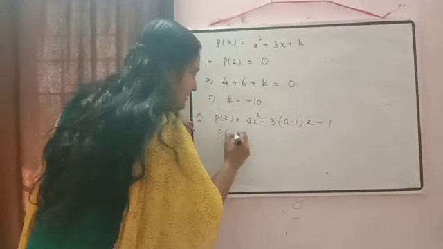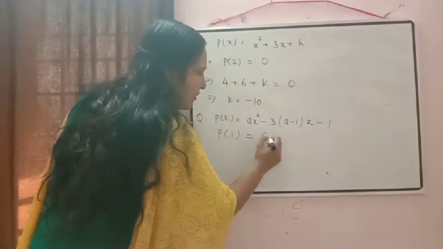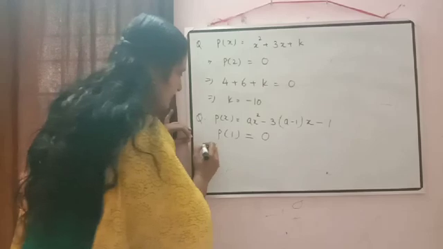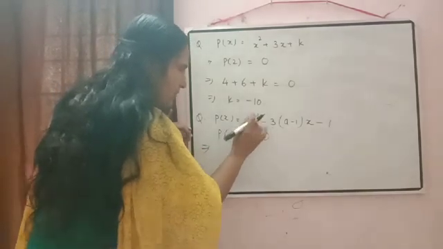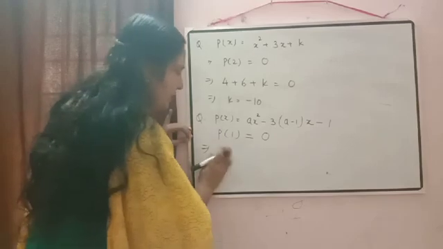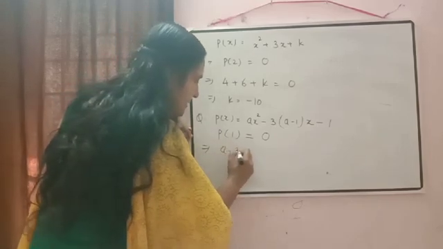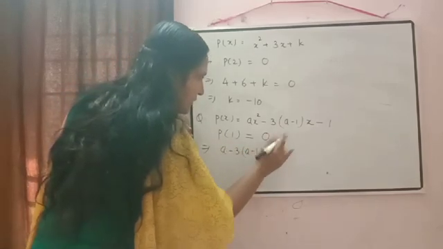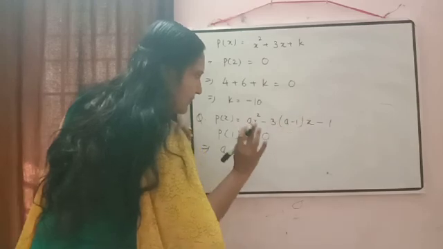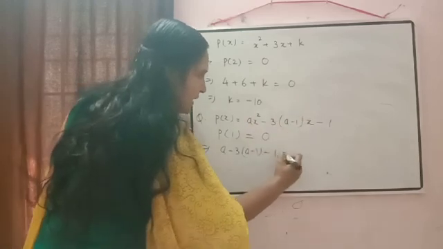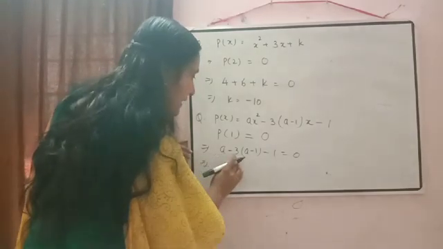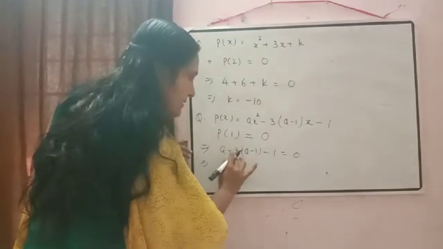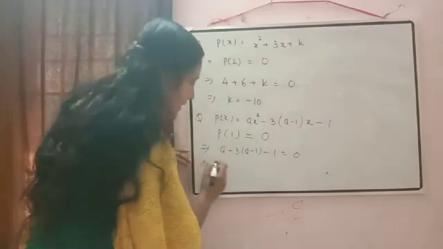In place of x, if we substitute 1, the polynomial will be equal to 0. Now here substitute 1 in place of x. So a into 1 square, that will be equal to a, minus 3 into a minus 1 into 1, so that will be equal to 3 only, minus 1 is equal to 0. Now we will simplify it. Don't write down here a minus 3, minus 3 is multiplied by a minus 1.